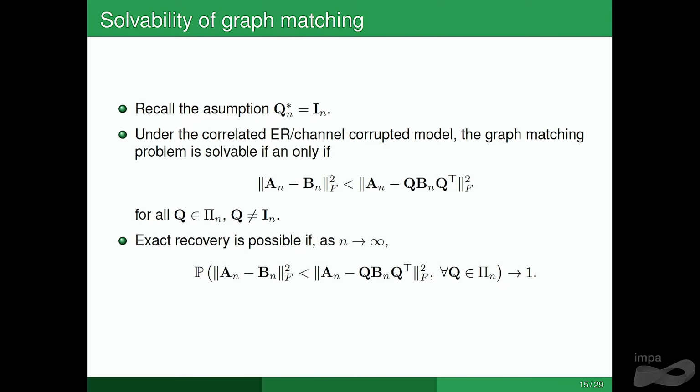And similarly, we are not going to be able to solve exact recovery if this probability goes to 0 as n goes to infinity, because that means there's no hope of finding the correct solution as the graph size gets bigger and bigger.